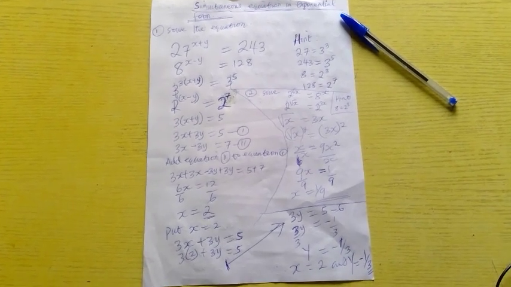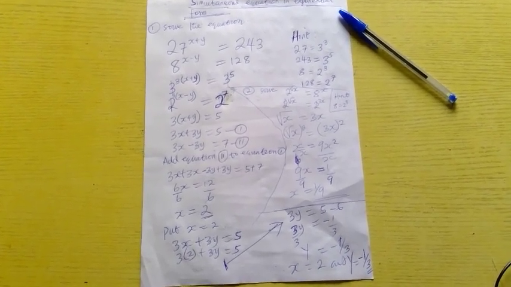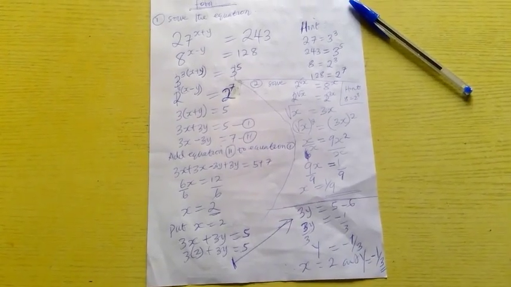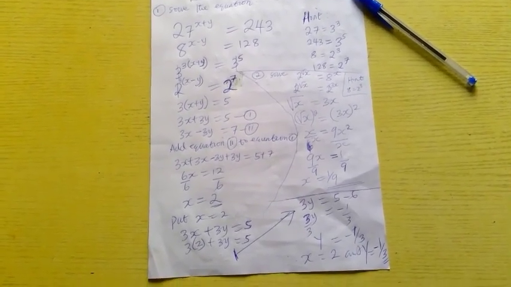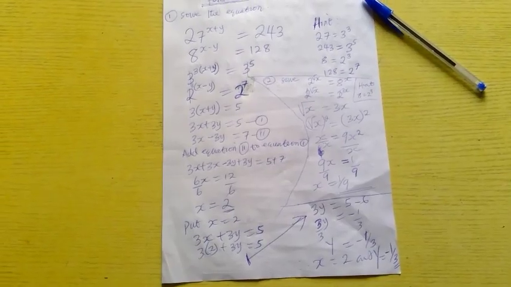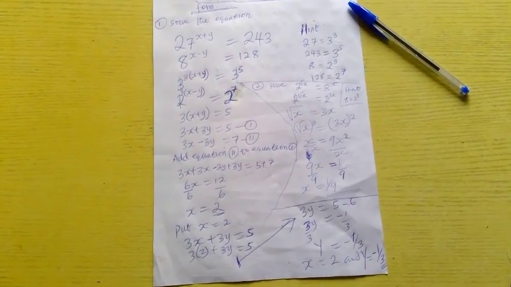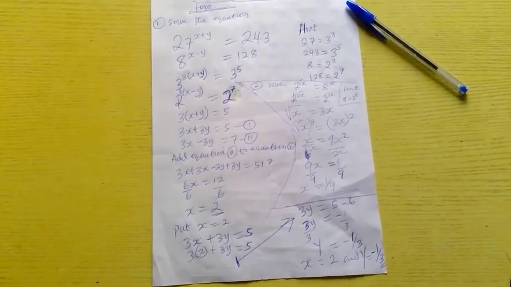Next line, you see that 8 is 2 times 2 times 2. That is 2 raised to power 3. Then 128 is 2 raised to power 7. So following that analysis, when the base is common here, you are advised to cross off the 3.